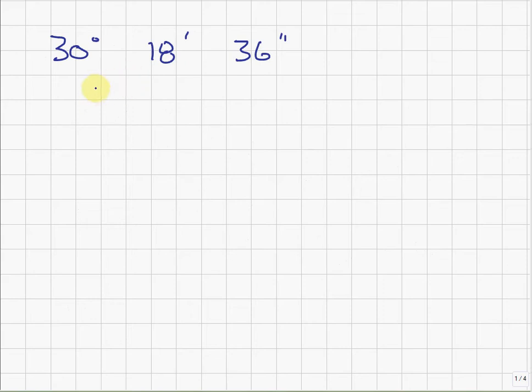And this method takes us from degrees, minutes, and seconds directly to degrees. And so once again, I'm going to consider these to be added together. If I have 36 seconds, I know that that divided by 3600 will give me straight conversion to degrees. From 18 minutes divided by 60 will give me straight conversion to degrees.